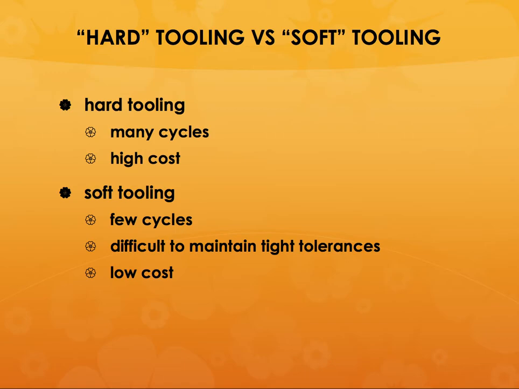With those kinds of materials, it is extremely difficult to maintain the tight tolerances. It might give you a low cost, but it is not easy because you have to remake that tooling piece all over again. The hard tooling can last many cycles, but the cost can be extremely high.